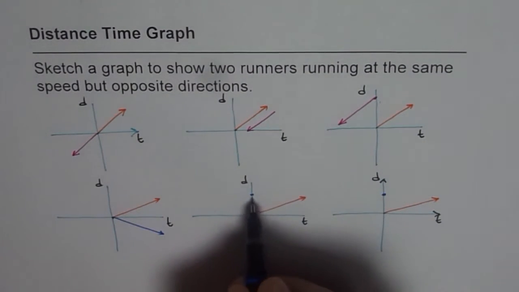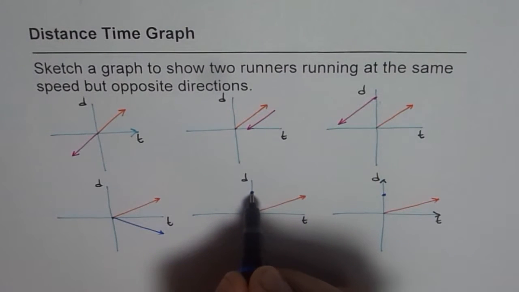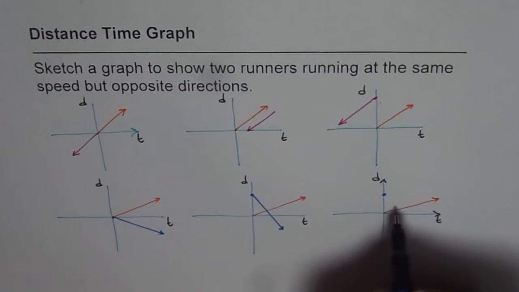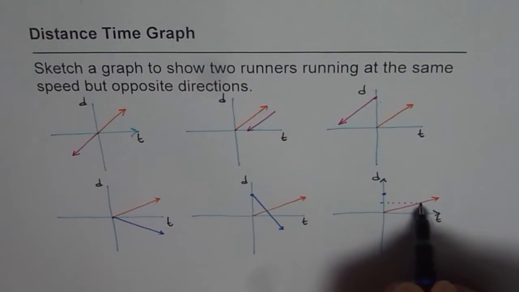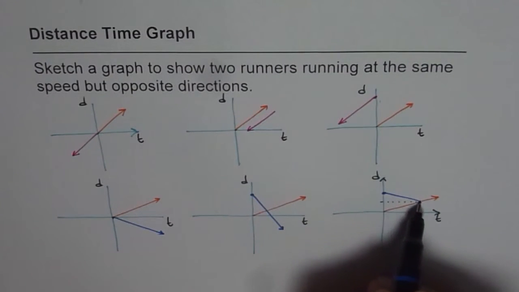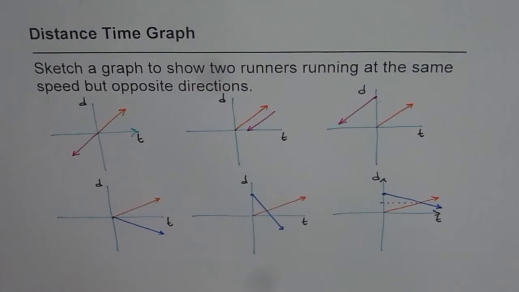So one I will draw kind of like this, and the other one I will draw, let's say this is the midpoint, right? Now I'm sure this is the right one, so like this. Now you have to reason out which one of these are correct and why. Well, more than one could be correct also.